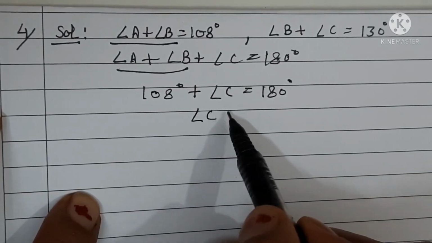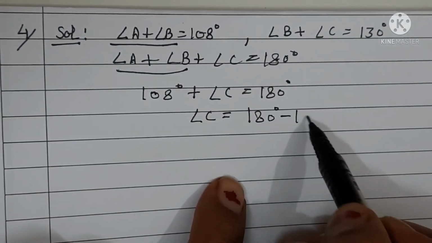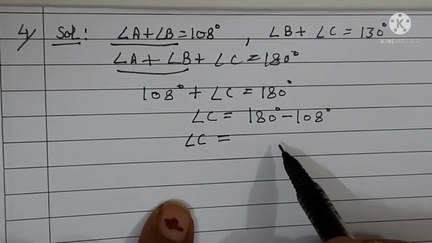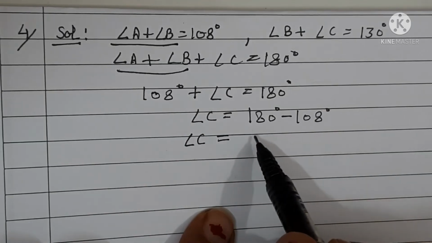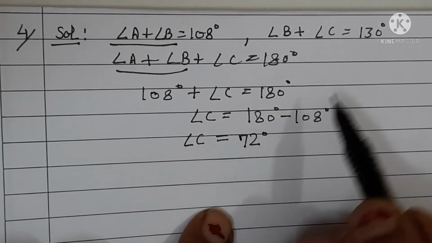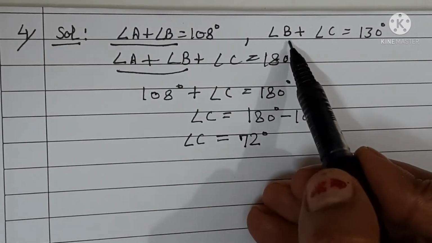So angle C is equal to 180 minus 108 degrees. Subtract it and get the value of angle C. 10 minus 8 is 2, and 7, so 72 degrees. You get the value of angle C, substitute here, then you get the value of B.